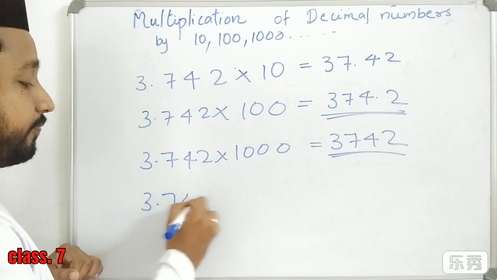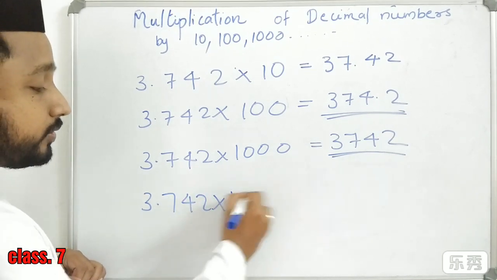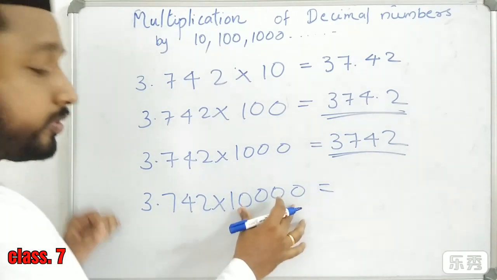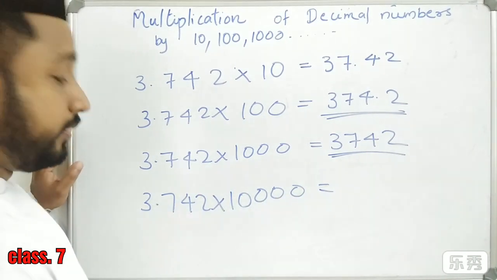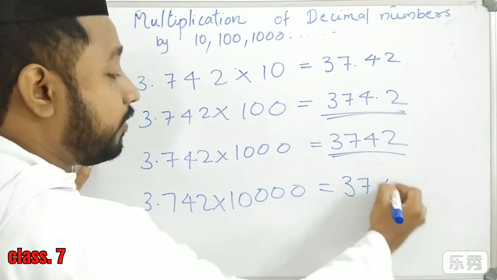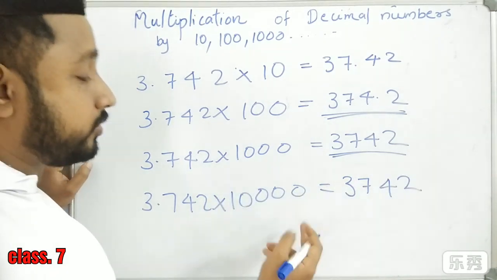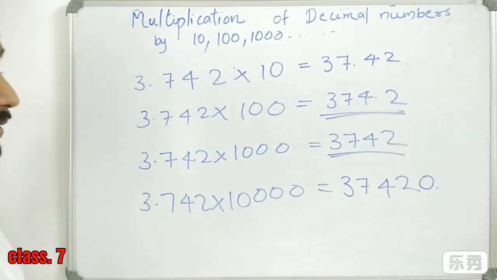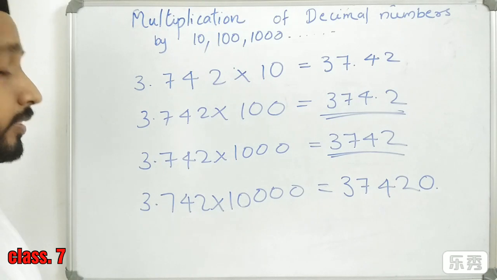Next one, 3.742 into 10,000, which is equal to, here 4 zeros are there, so moving 4 decimal points. That means 3742, we have to use one more zero at that point. That is 37,420.